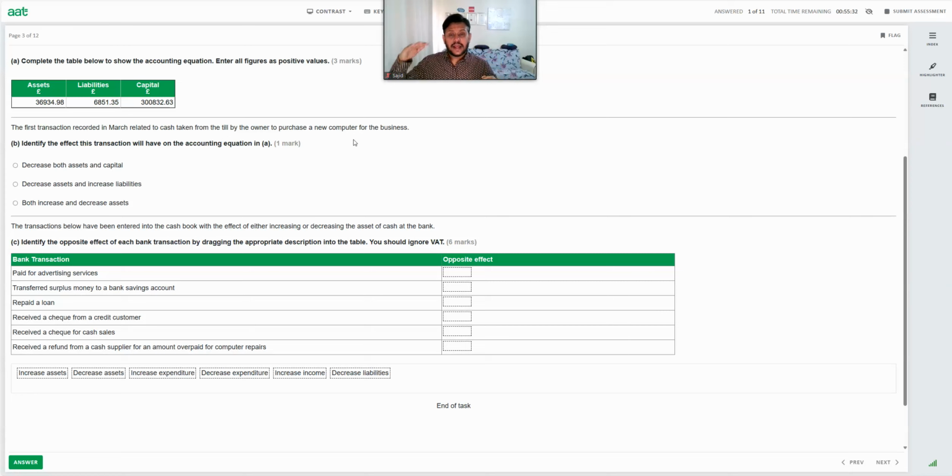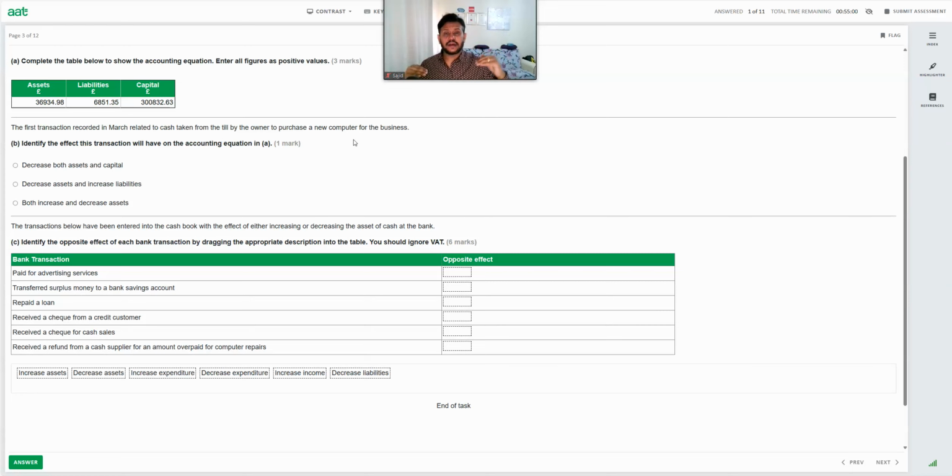For example, I take some cash from the till. Till means the machine where I keep the cash. For example, if you go to Tesco or Sainsbury's, you know what the till looks like. The person who sells the product takes some cash and keeps it in the till. Now if I take some money from the till, the money in the till will go down. So one asset is going down, and I use this money to buy a computer or a machinery, so another physical asset is going up.